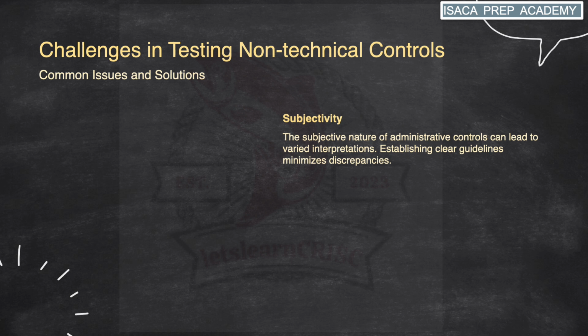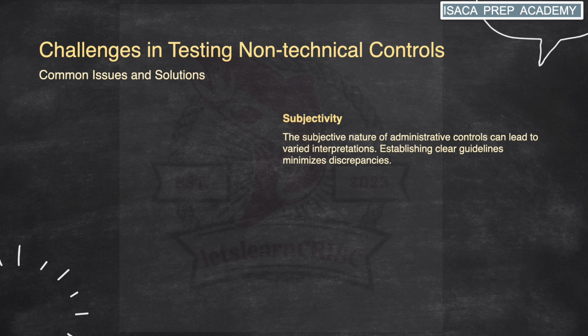To mitigate the risk associated with subjectivity in administrative controls, organizations must establish clear and unambiguous guidelines and standards. By clearly defining expectations and providing detailed instructions, organizations can minimize discrepancies in interpretation and ensure consistency in the implementation of administrative controls.